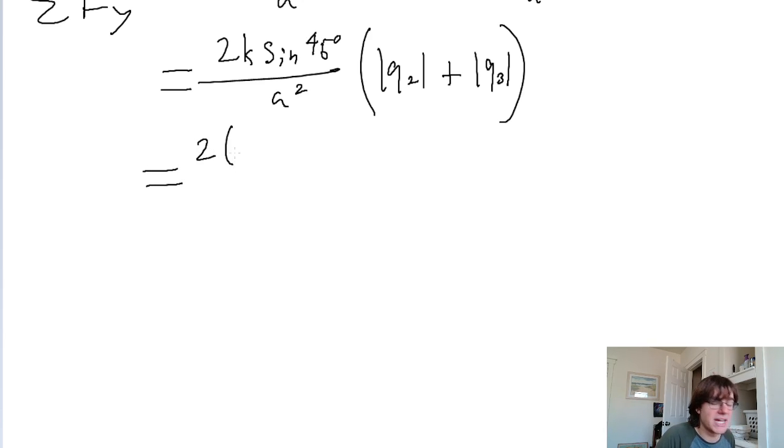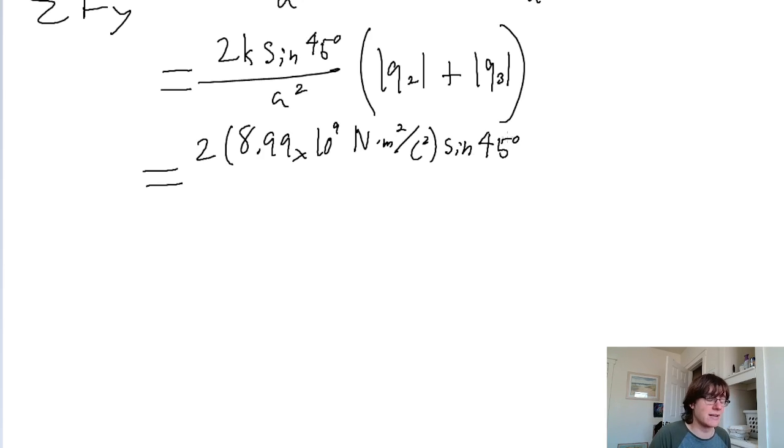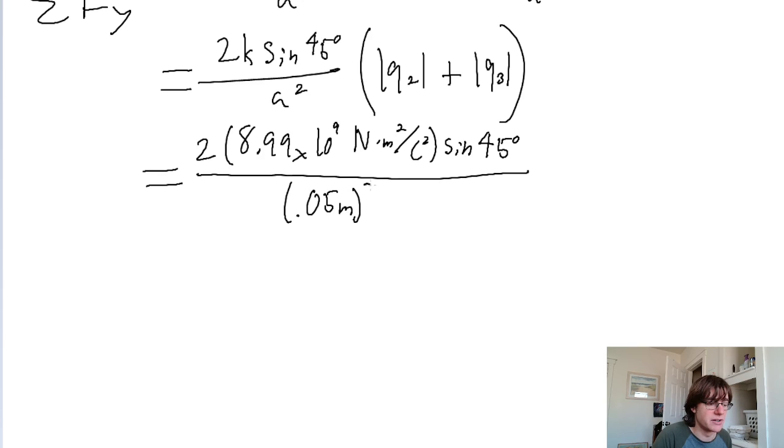So now let's just start plugging values into our calculator. So that's 2 times the Coulomb constant, which is 8.99 times 10 to the power of 9 newton meters squared per coulomb squared, multiplied by the sine of 45 degrees, so make sure your calculator is in degree mode when you do this, divided by the square of a, which is given in the problem as 5 centimeters, or 0.05 meters, that's squared, and then multiplied by the sum of the two charges.